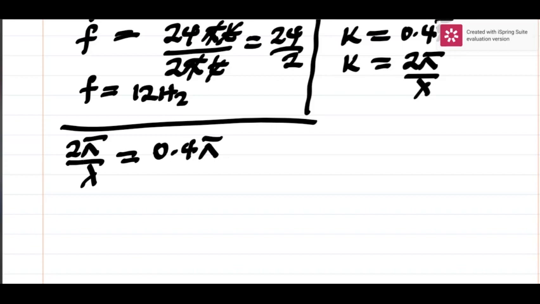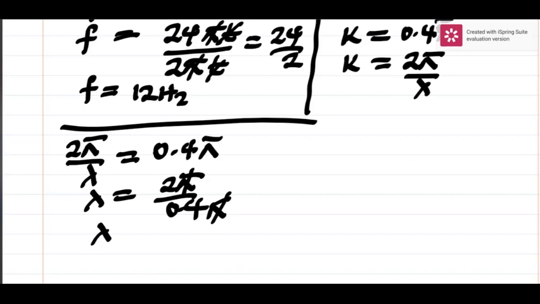Making the wavelength the subject of the formula here, we have 2π over 0.4π. π cancels π. We end up having, dividing everything, 5 cm.